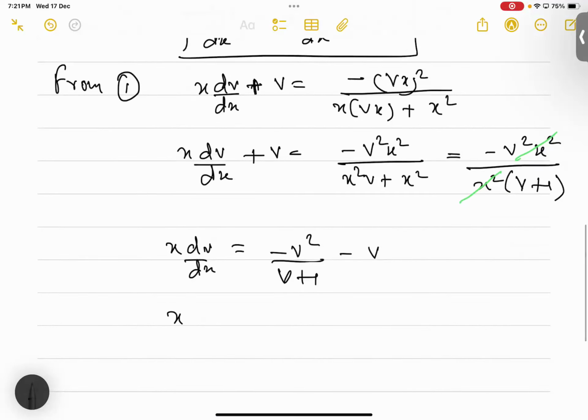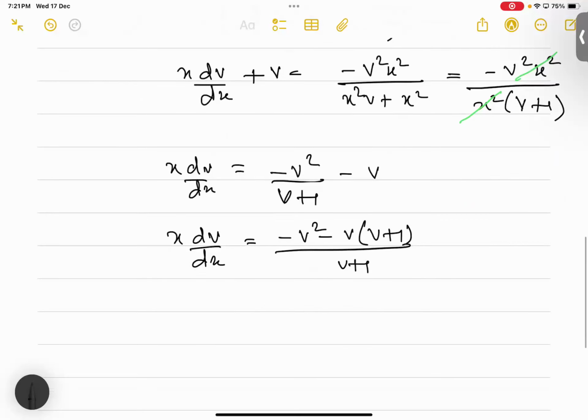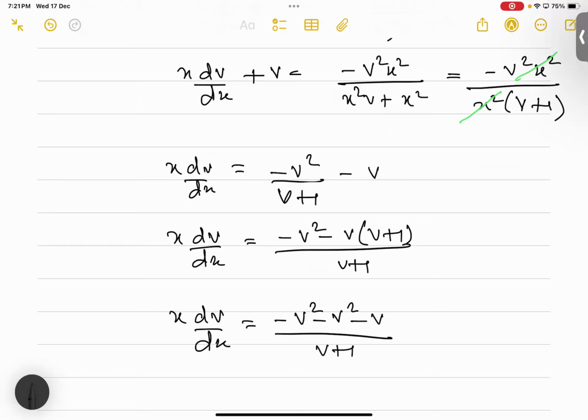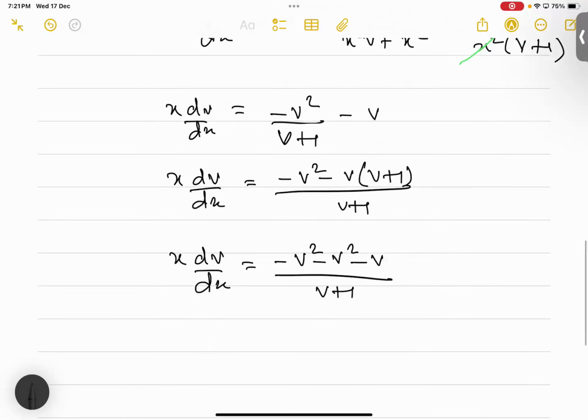So x dv by dx is minus v plus 1, and this is v plus 1. Clear? LCM I have taken. x dv by dx is minus v square minus v upon v plus 1.